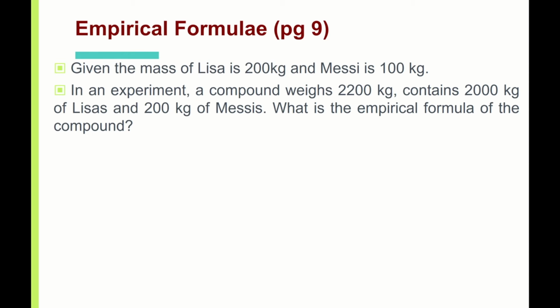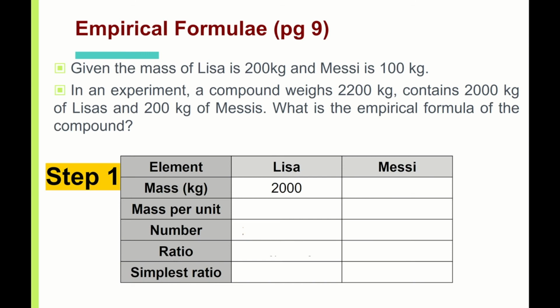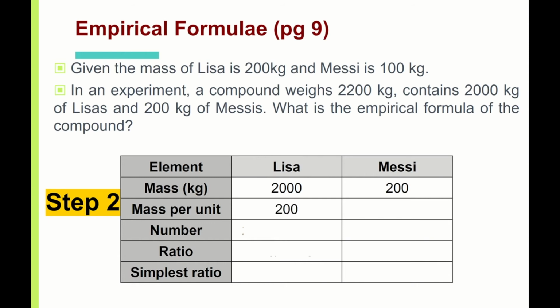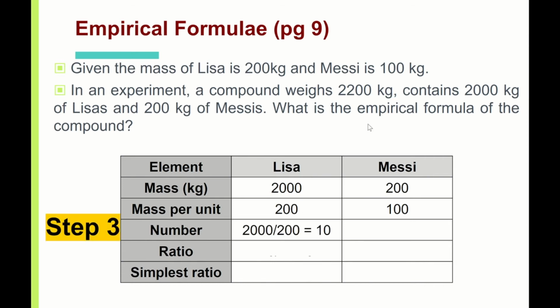So I've done an experiment. Step 1: Lisa contributed 2,000 kilograms, Messi contributed 200. From the first statement, one Lisa is 200 and one Messi is 100, so per unit is one of them. So 2,000 kilograms is contributed by Lisa, and one Lisa is 200. How many Lisas are there altogether? 10, right? One Messi is 100, and 200 kilograms is contributed by Messi.